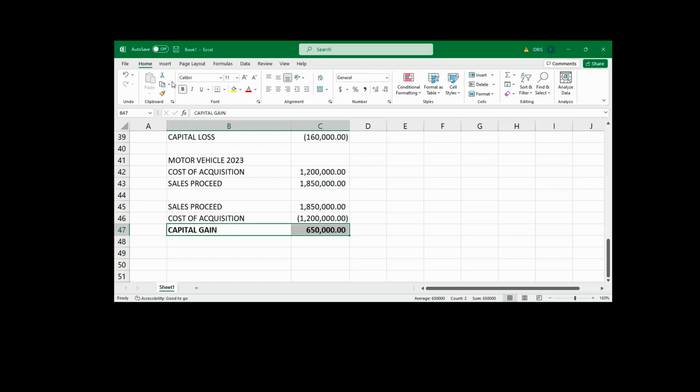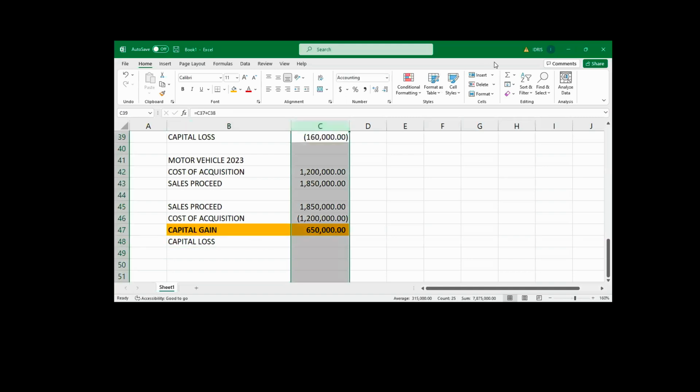Yes. This gain you make, what Finance Act 2023 is saying is that before you pay capital gain tax on it, you will now say capital loss brought forward.